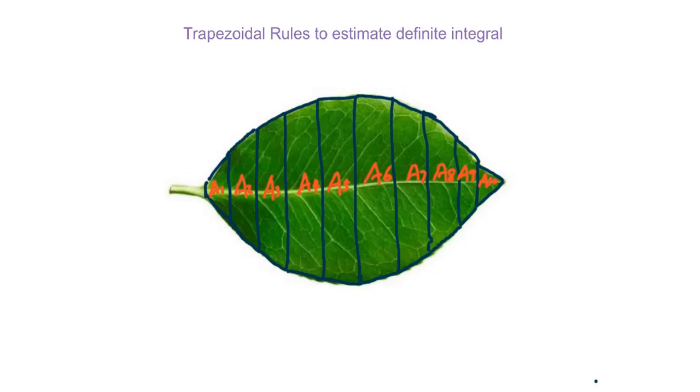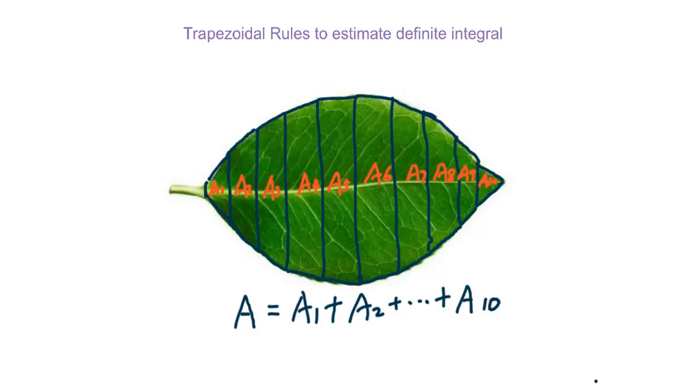For each trapezoid, you will work out the area from A1 to A10. Then the total area of this leaf will be A1 plus A2, keep adding to A10. In this way, you can estimate the area of this leaf.